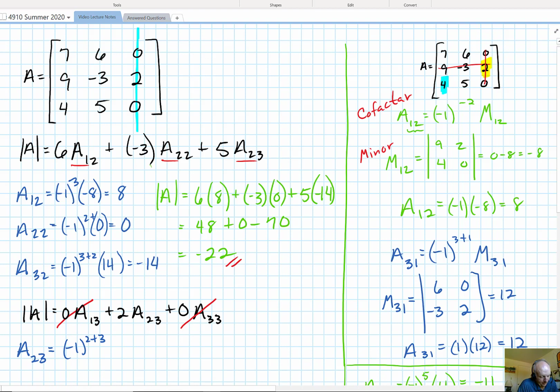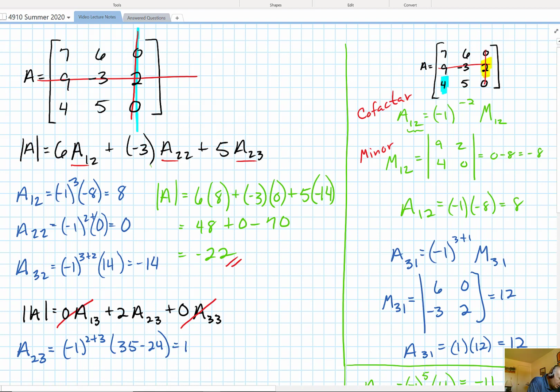And now I need the minor. Remember, I'm using the 2, 3, so that means I'm canceling out that column and that row. So 7, 6, 4, 5. When I take that, I'll write it down, 35 minus 24. And so that should turn into an 11.